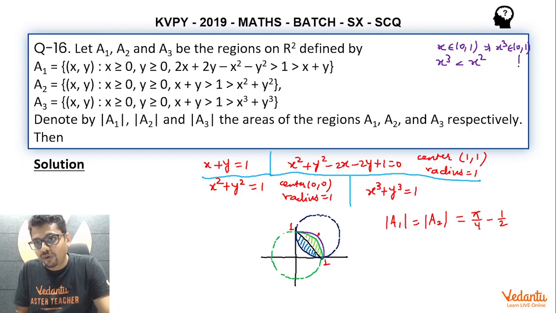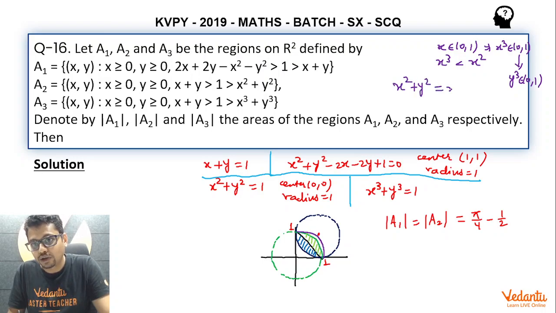So that means y cube would be between 0 and 1, because x cube plus y cube is supposed to be equal to 1. So it would need greater y, since we are talking about x square plus y square equal to 1 and x cube plus y cube equal to 1. If x square is greater than x cube, that means y square should be less than y cube.